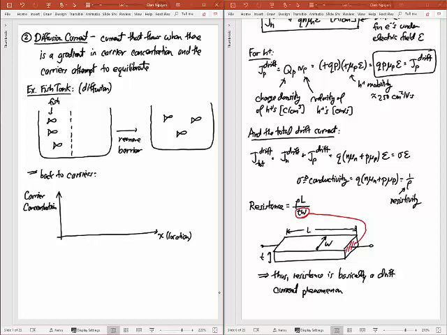Okay, so let me say carrier concentration in this case, that's either n of x or p of x, depending on whether you're talking about electrons or holes. Right, but say my carrier concentration plot looked like this. Okay, if this were my carrier concentration plot, then the observation here is I've got a low concentration of carriers right here.